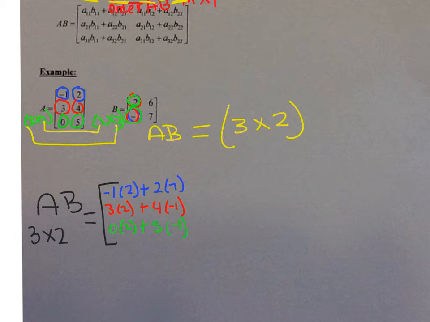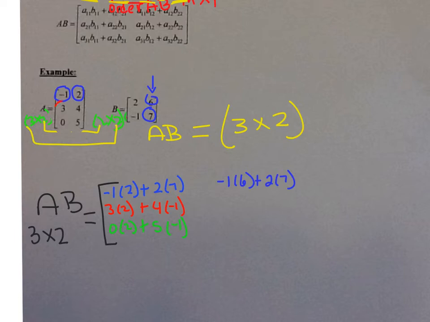Okay, now I'm going to erase this, erase that. Now we're going to go into the next column. So it's going to be negative 1 times 6 plus 2 times 7.